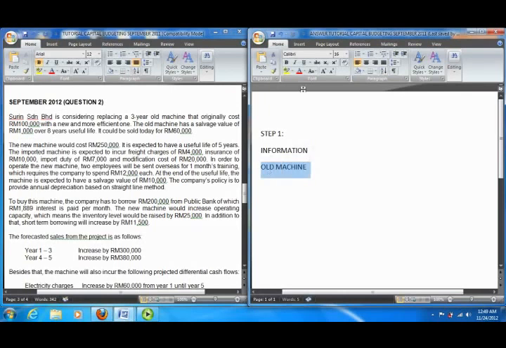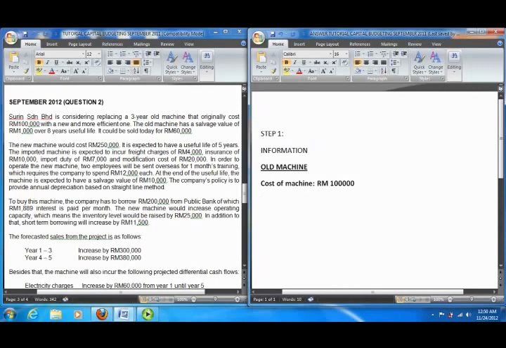First we settle the old machine, class. First, the cost of the machine. It is RM 100,000.